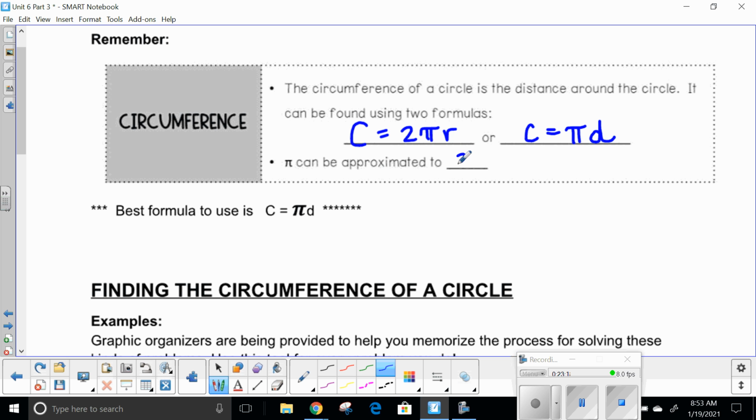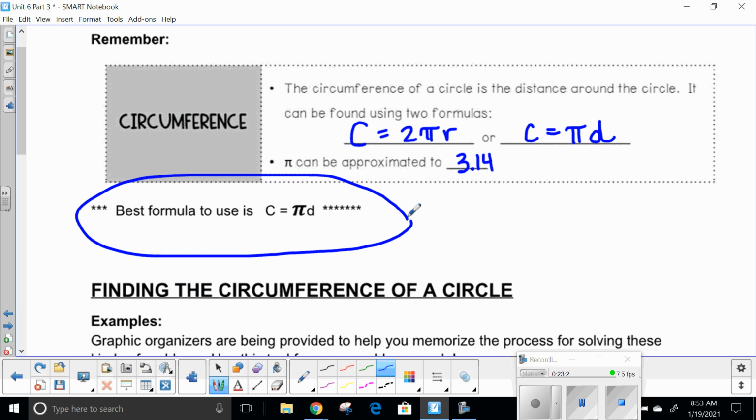And pi can be approximated to 3.14 because we know that number never stops. So we just traditionally use 3.14. I'm telling you right now that I mentioned just a moment ago, this is the best formula to use, and you'll learn why as we go through these problems, okay?